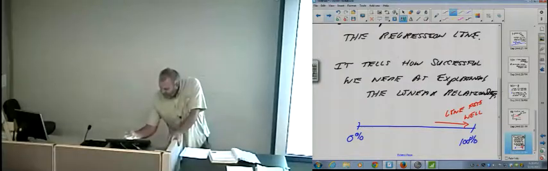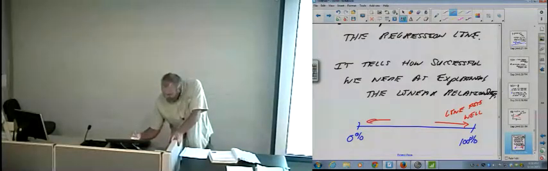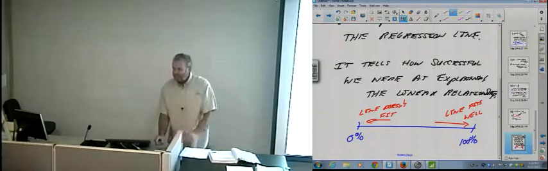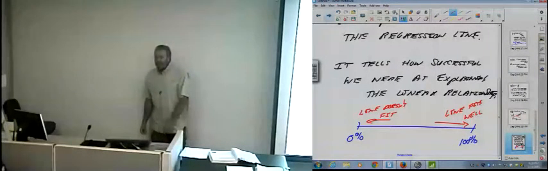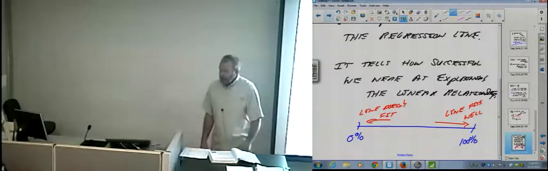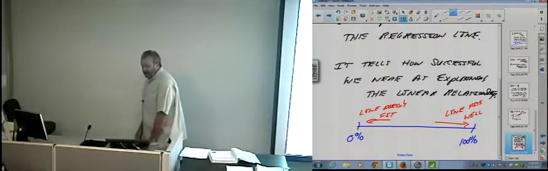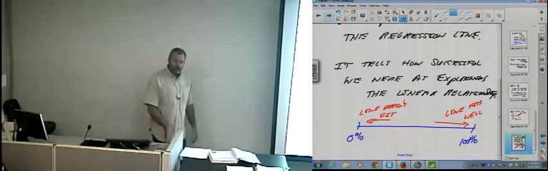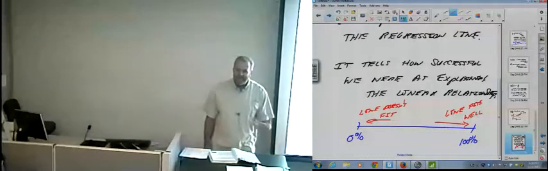As I go this direction, line doesn't fit. The closer I get to 100%, the better the line fits the data. The closer I get to 0, the line doesn't fit the data.